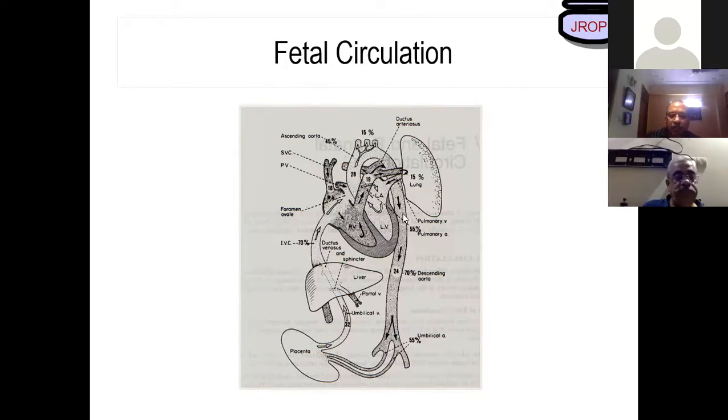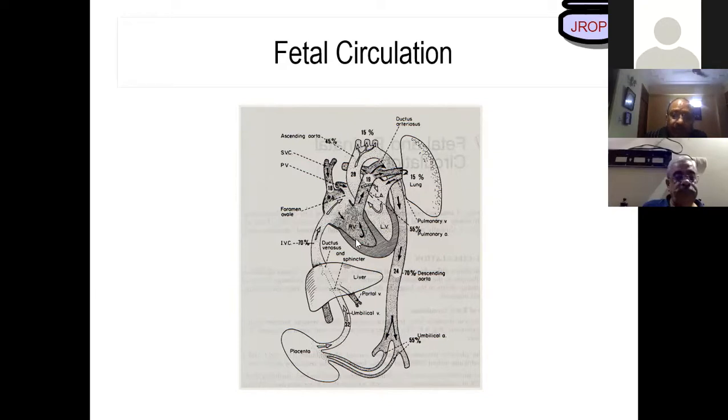The rest of the blood goes back into the descending aorta. If I repeat this cycle from the descending aorta, there is one shunt at the umbilical artery region, a second shunt at the ductus venosus level, a third shunt at the foramen ovale level, and the fourth shunt at the ductus arteriosus level.